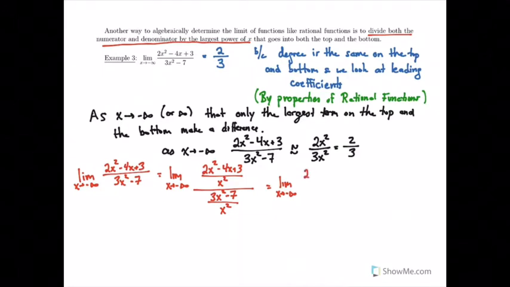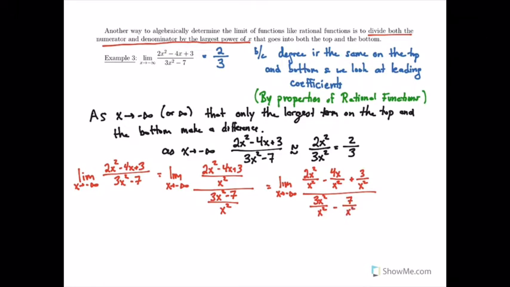So we're going to have 2x squared over x squared minus 4x over x squared plus 3 over x squared. And on the bottom, same sort of idea, two fractions, 3x squared over x squared minus 7 over x squared.